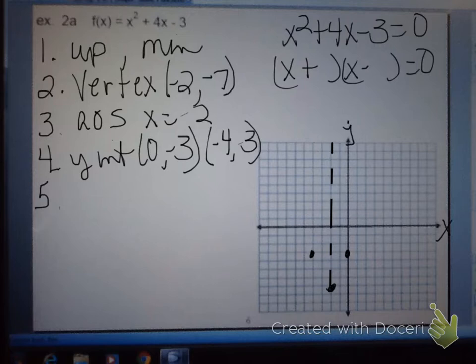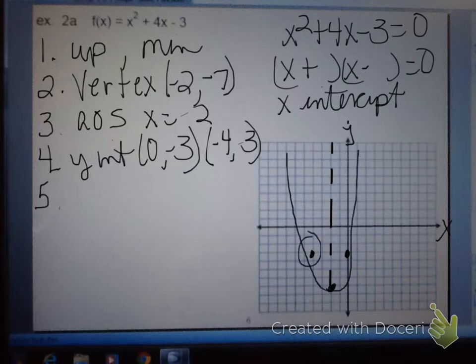So we don't have an exact x-intercept. So what we're going to do is come up with just another random point. Now look at your 2 points, the y-intercept. We know that it's going to look something like this. So it's going to be to the left of this point or to the right of this point.